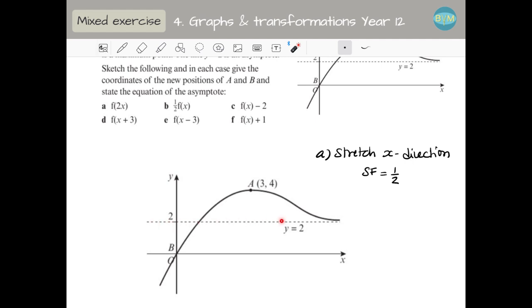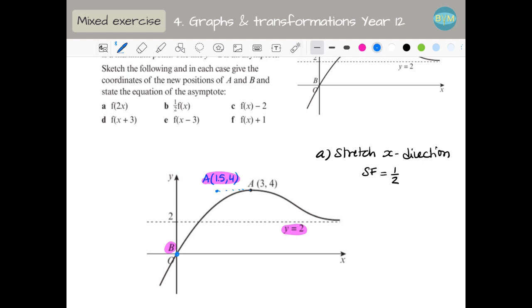So the asymptote, nothing changes, so y equals 2 is still my asymptote, but my x's are going to be divided by 2, which means A is now at 1.5, and nothing changes in the y, so it's going to be 4. And B stays where it is.